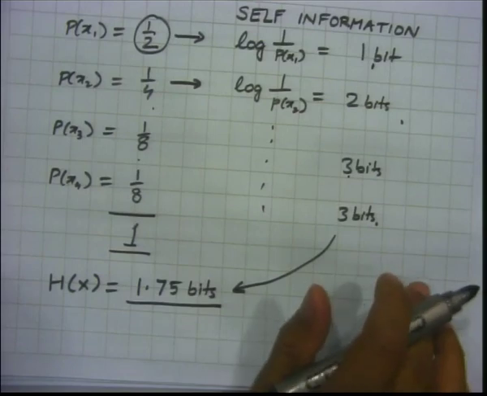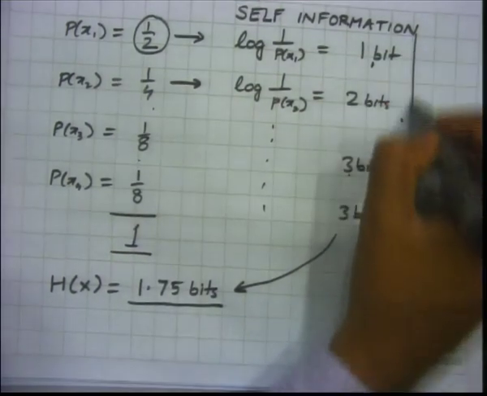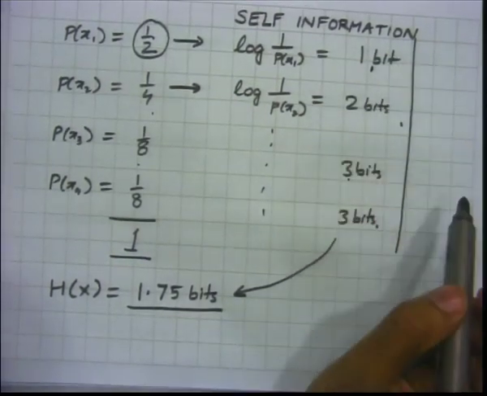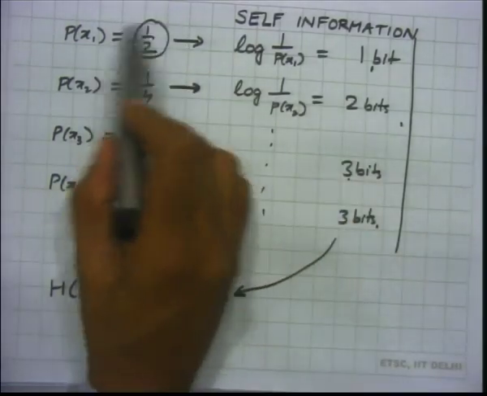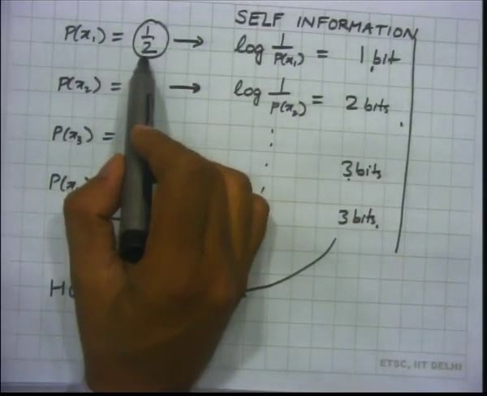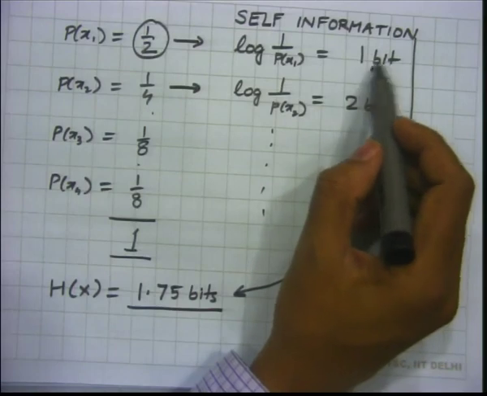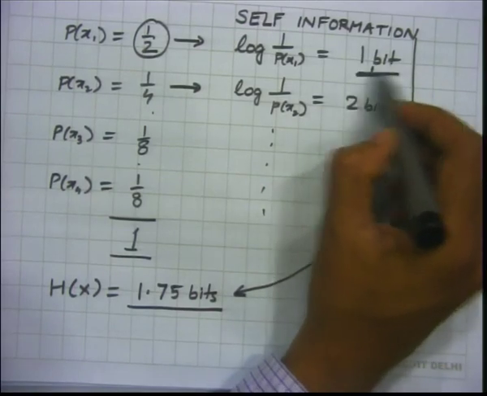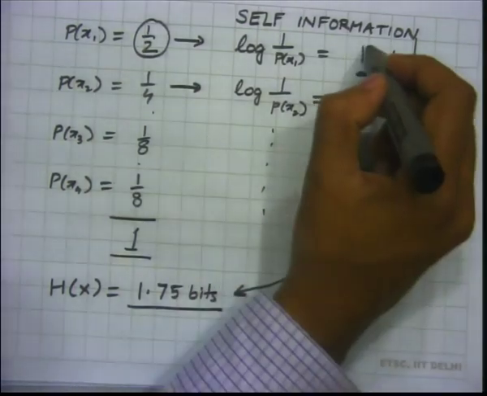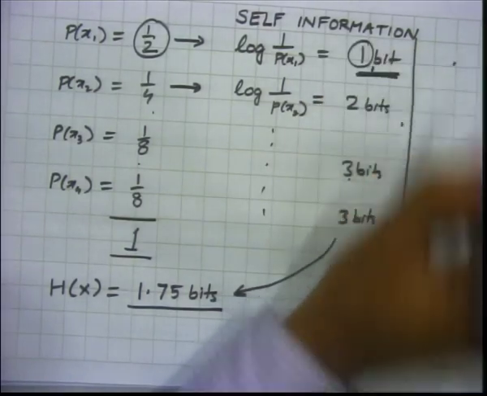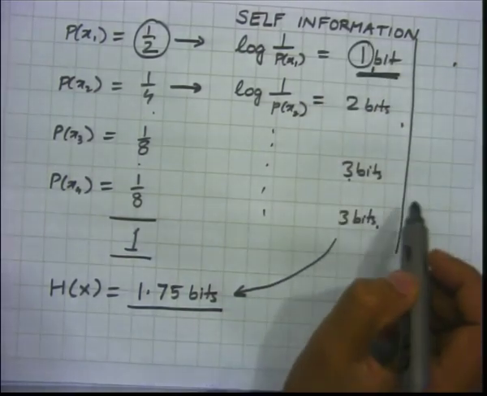Now, the good news is that I will use the more likely event, probability 1 by 2, to be represented with fewer number of bits. And since this is an integer, I can have a 1 bit representation for this.